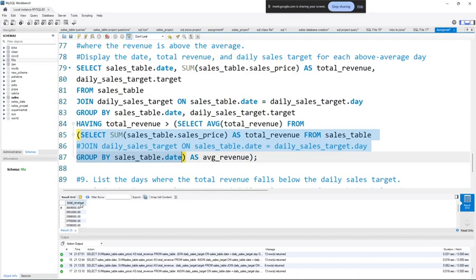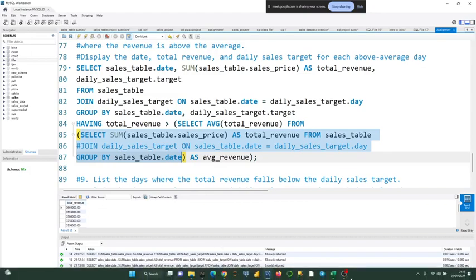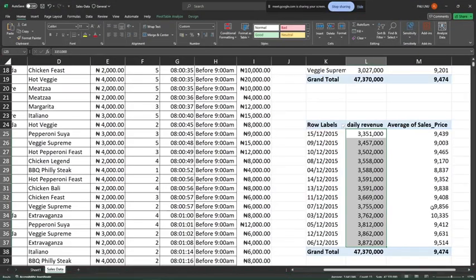Now, from all of this, this is what we got. This is the daily revenue that that particular statement gave us. I now want to get the average of all of this. That is the overall daily revenue average. If I want to calculate average, I want everything together and divide by 13, right? Just like per day, they want to say, on average, how much are you making per day?